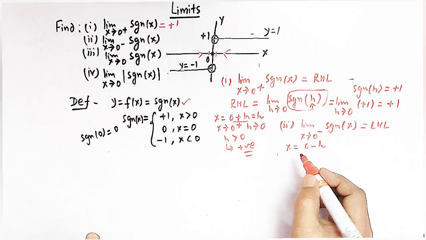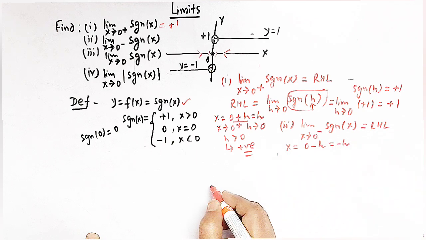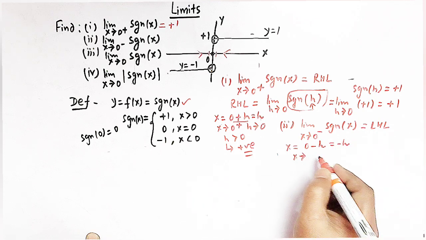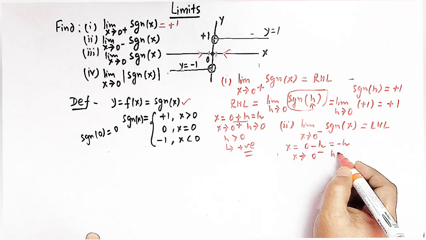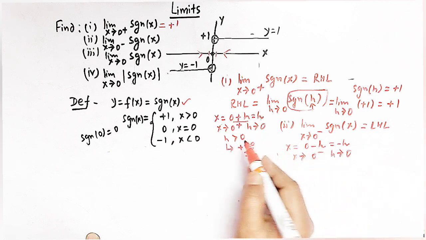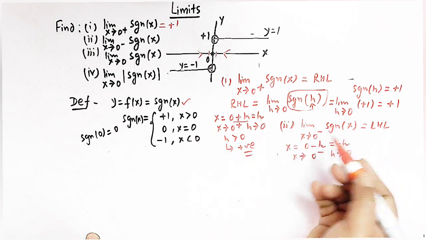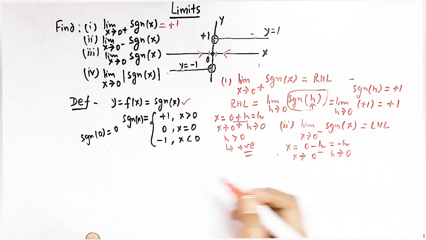So we have x is equal to 0 minus h, and this is minus h. So when x approaches 0, then h tends to 0, and h is obviously greater than 0, it is infinitesimally very small, and h is a positive quantity.